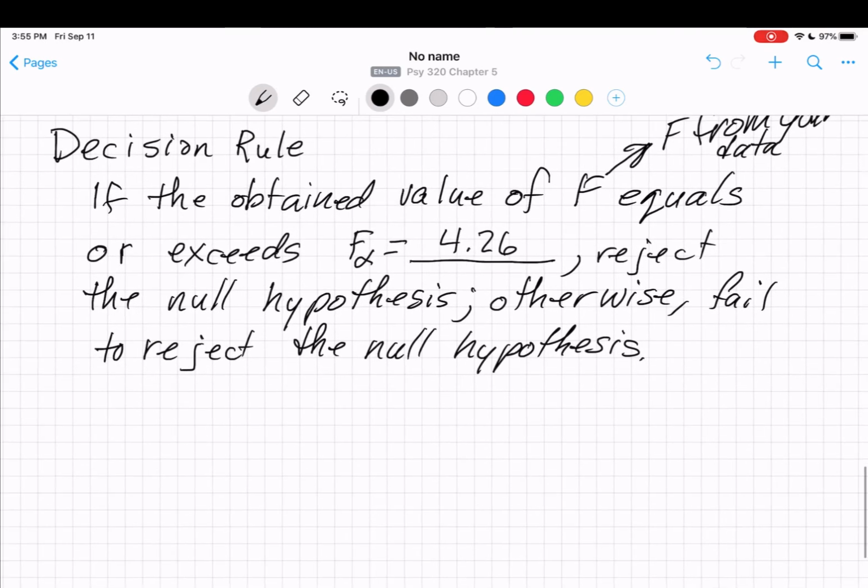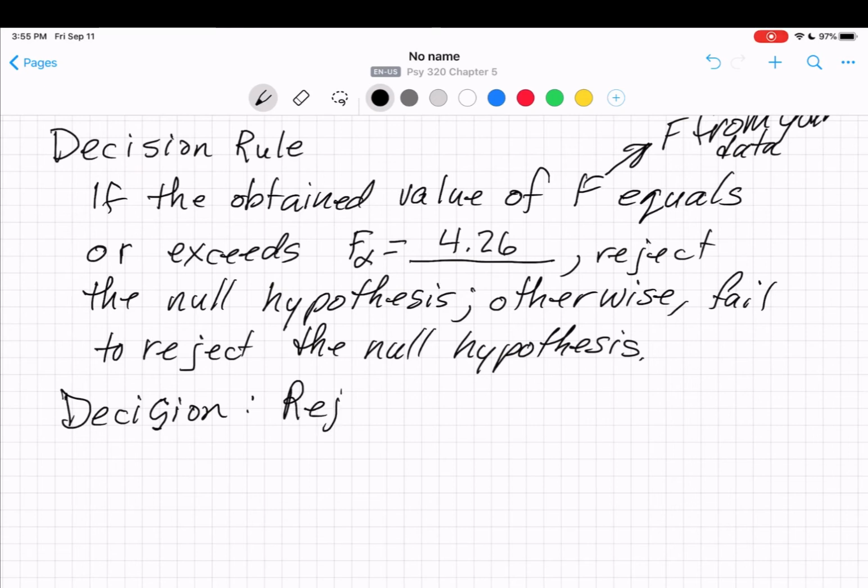Okay, so in this case, our decision should be to reject the null hypothesis, and that is because our F value of 13.64 is bigger than our critical value of 4.26.